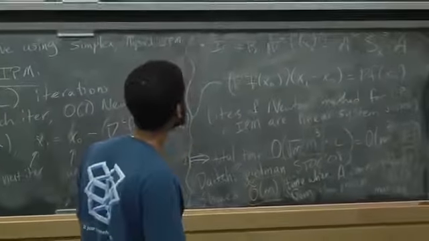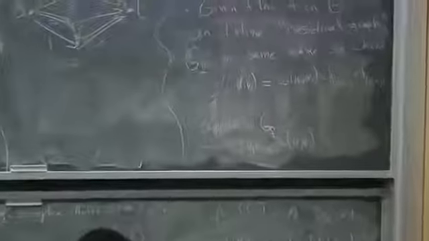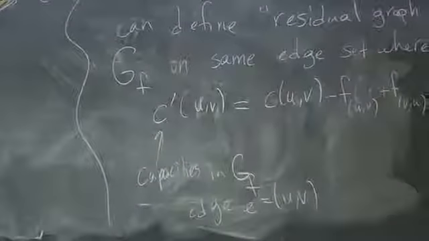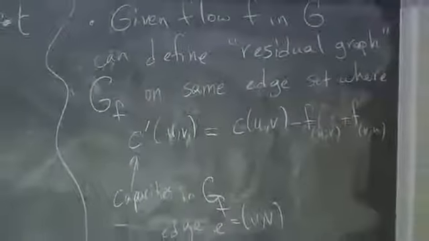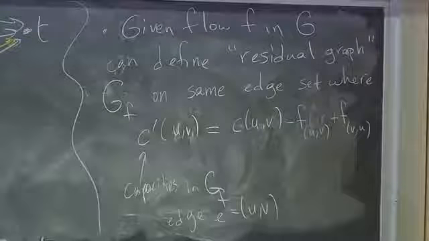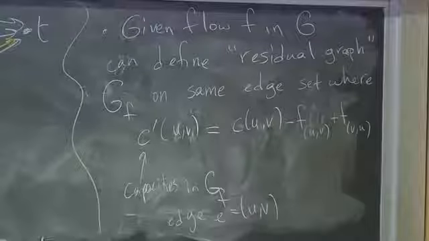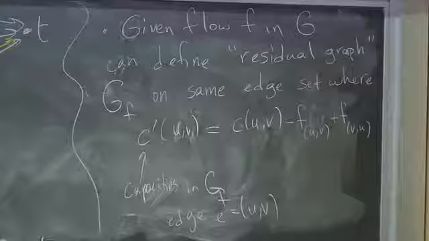You're defining the new capacity on these phantom edges in the residual graph as well? Yeah, so I'm defining a new capacity function in terms of my flow f, and this is how I define it. Okay.